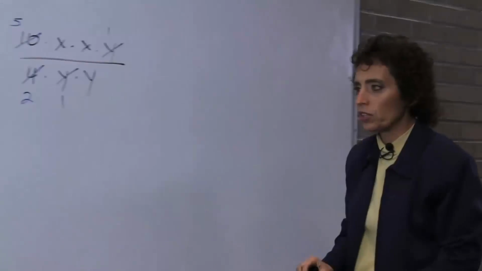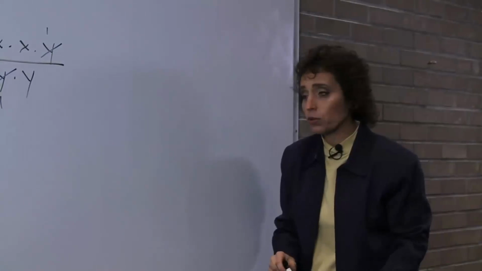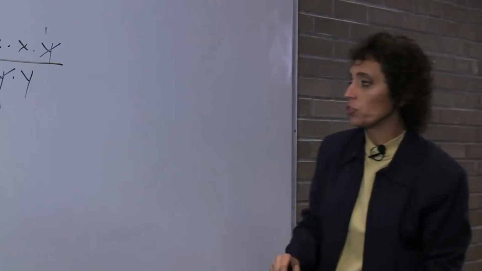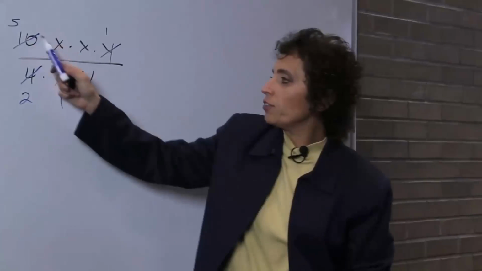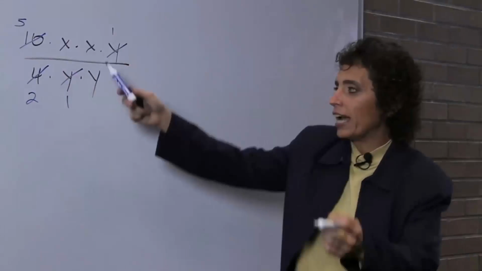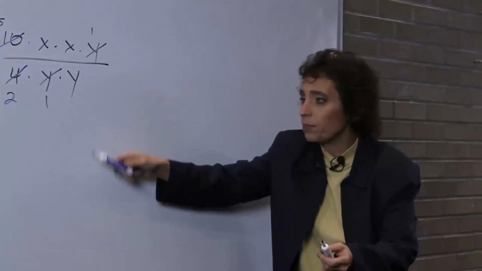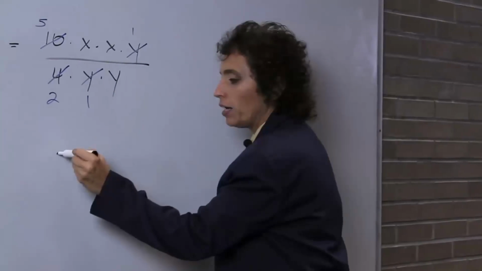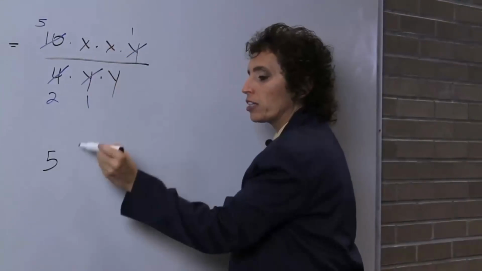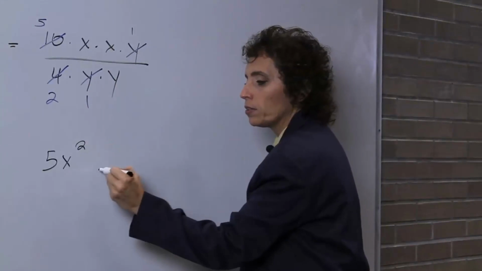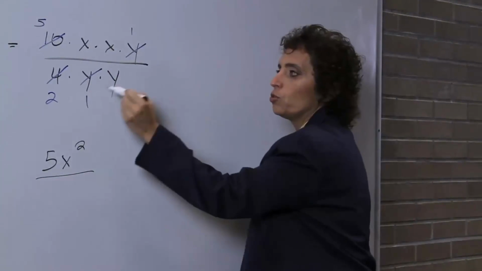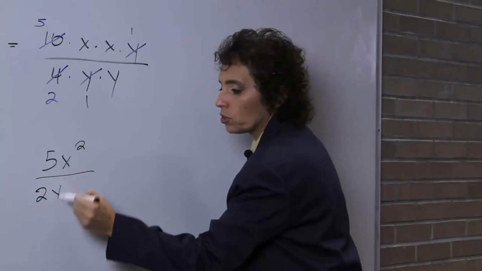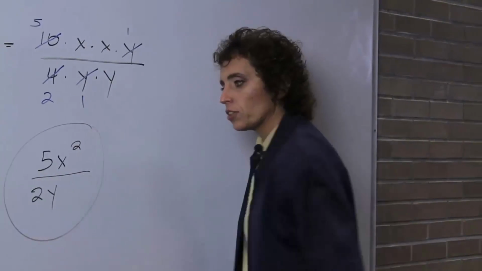Make sure you write those ones there, because it's going to matter if this was a different type of question. All right, so we have 5 times x times x times 1. The x's stay because there's no x's on the bottom. That y stays because there's no more y's on the top. So this is 5 times x times x, which is x squared, all over 2 times y, which is 2y. So that's the answer to your question.